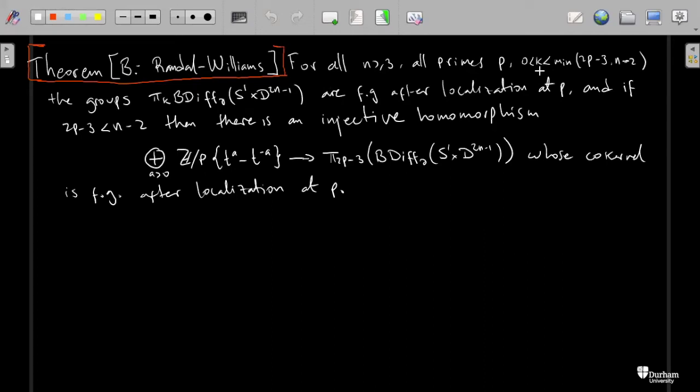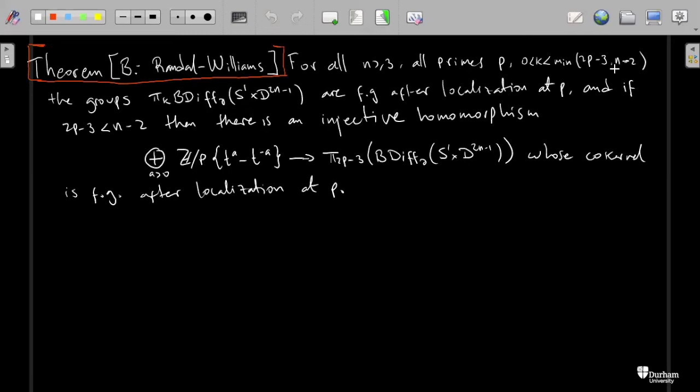And the theorem is in the same flavor of the things that I was telling you. So for all these primes, and you have some range of dimensions in which this theorem will hold, we will see that these homotopy groups of the solid torus will have no infinitely generated p torsion, let's say, in that range of degrees.